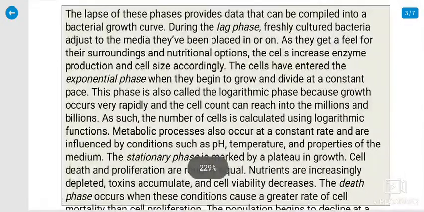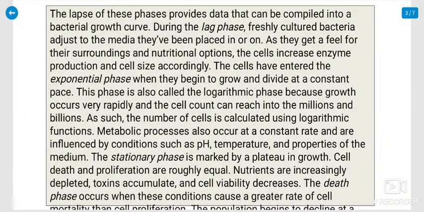Now, the study of these phases provides data that can be combined into a bacterial growth curve. During the lag phase, freshly cultured bacteria adjust to the media they have been placed in or on. As they get a feel for their surroundings and nutritional options, the cells increase enzyme production and cell size accordingly.